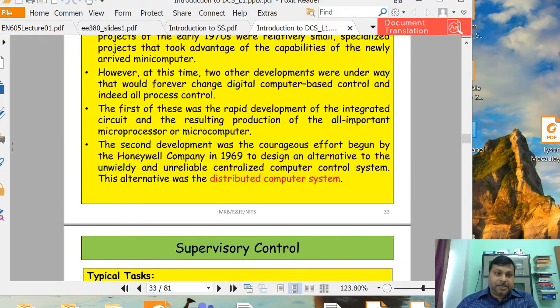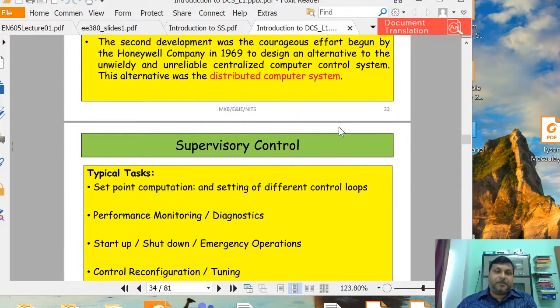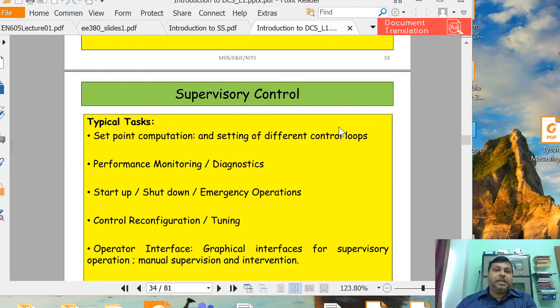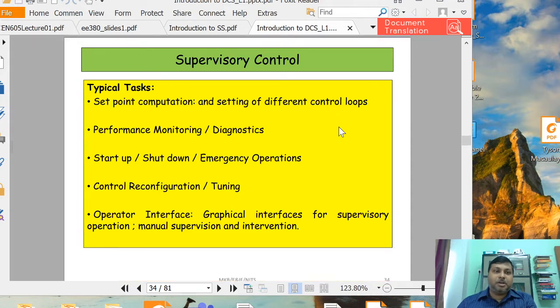This distributed computer system is also known, in a generalized way, as supervisory control. So what are the tasks of a supervisory control? Typical tasks performed by the supervisory controllers are the set point computation and setting of different control loops, performance monitoring or diagnostics, startup, shutdown, emergency operations, control reconfigurations, tuning, operator interface, graphical interfaces for supervisory operation, manual supervision and intervention.